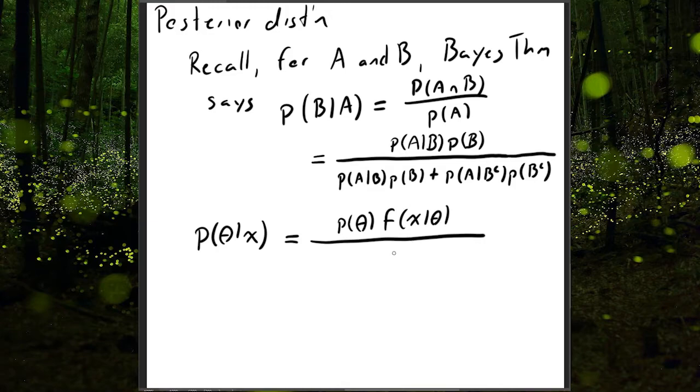So what needs to go in the denominator here? Well, what am I conditioning on? I'm saying I know x. I can write it a couple different ways. I could write it f of x, but what you'll more often see in Bayesian statistics is the following. I said the numerator is kind of like the joint distribution of theta and x, so let's do p of theta f of x given theta again.